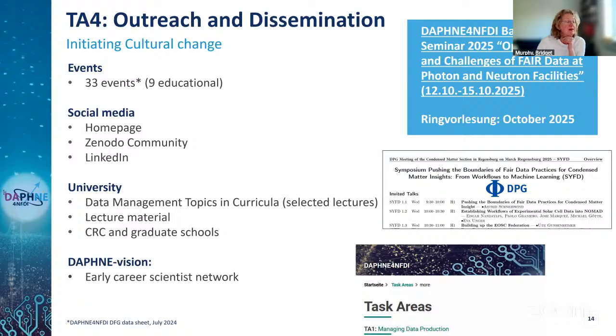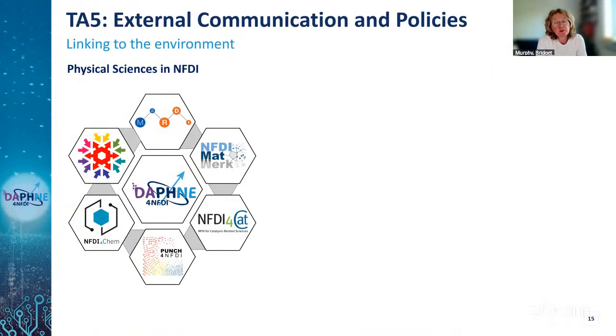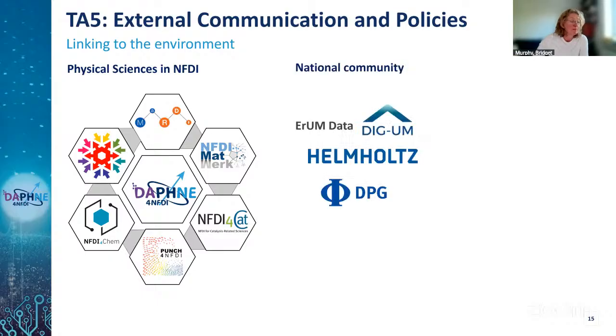It's also important to communicate and link to the local environment, for example, to the physical sciences with the NFDI, with the MARDI and FAIRMAT, NFDI for CAT, PUNCH, CHEM, and CAT, and FAIRMAT. And we have a link across the national community to the IRM data community.